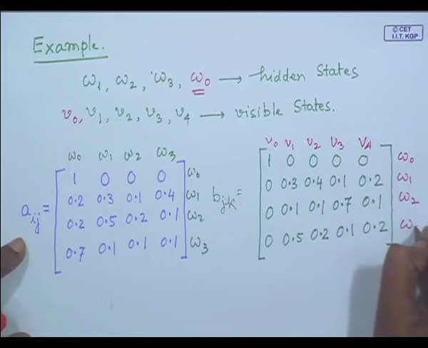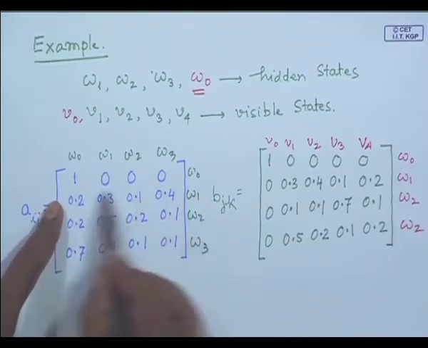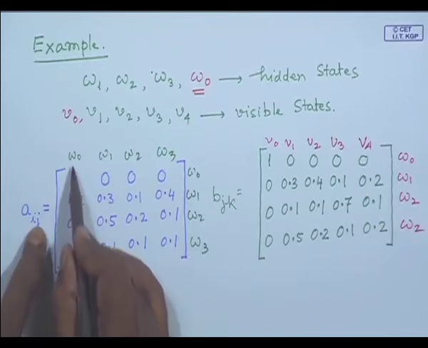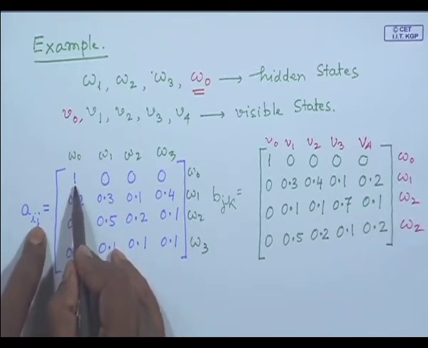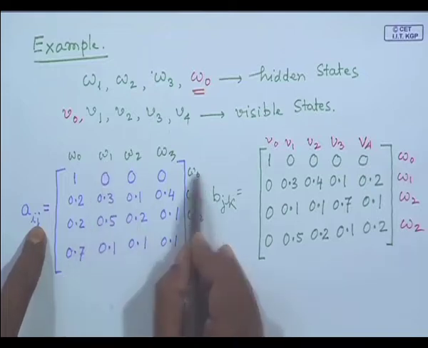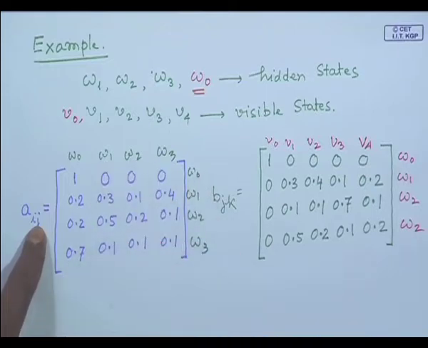and omega 3. So, as we said earlier, once the machine enters the final state omega 0, it remains in omega 0 only, it cannot come out of omega 0. So, here you find that once it is in omega 0, A 0 0 is equal to 1, but A 0 1 is 0, A 0 2 is 0, A 0 3 is 0.